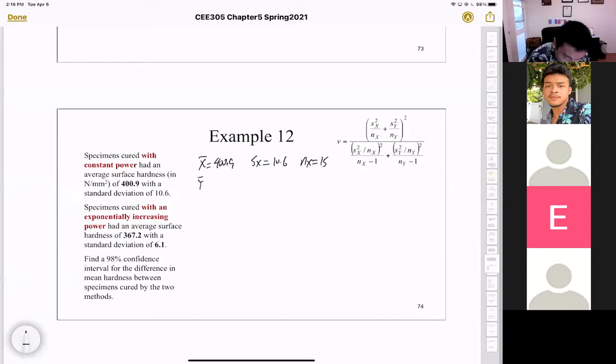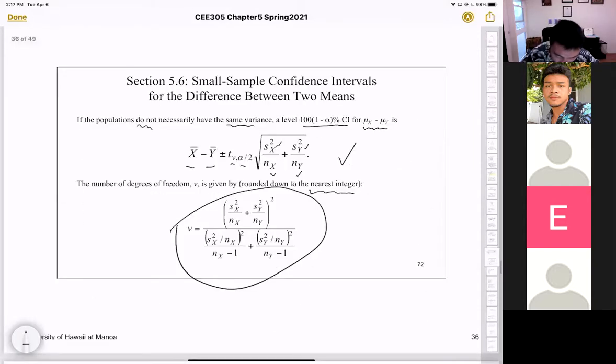This is all given by the question. For y, we just copy that number down here. Then, for the degree of freedom, V is the degree of freedom, and the equation for V is here. We just need to plug in the numbers of Sx, Nx, Sy, and ny.